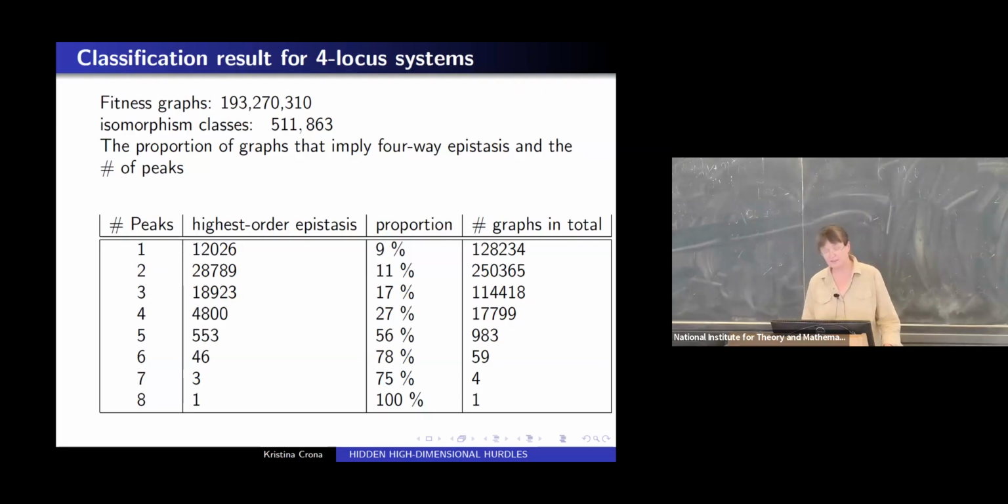So in other words, whether or not there is higher order epistasis will impact evolutionary trajectories. So even if you don't care so much about that in itself, it really has a role in evolution.